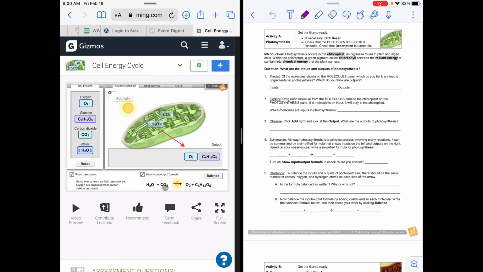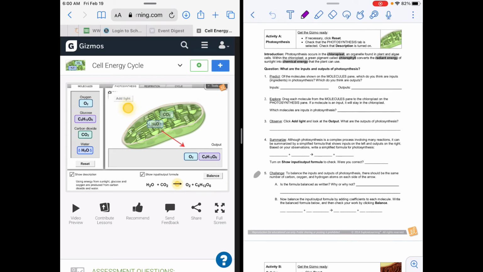We've got 3 oxygens on the left, and we've got 2 plus 6 on the right, so there's 8 on the right. Is that the same? That's what they're asking here, for it being balanced. So yes or no, and then why?